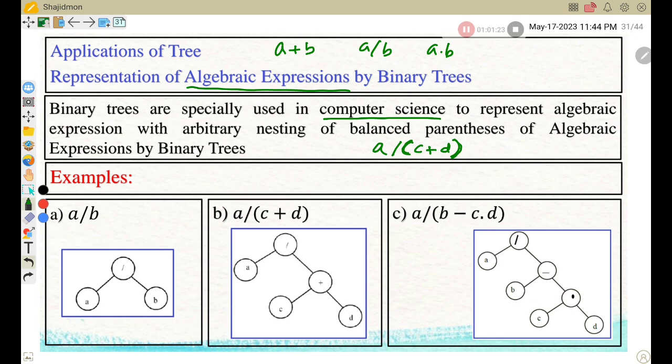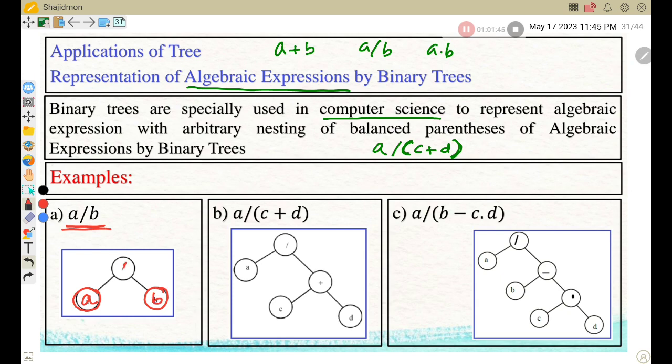So which one will we draw first in the tree? How are we representing this one? These algebraic expressions we can represent by the binary tree. We have some examples here. For example, a divide b. We need to represent a divide b. So what you do is, left child we represent by a, right child we represent by b.